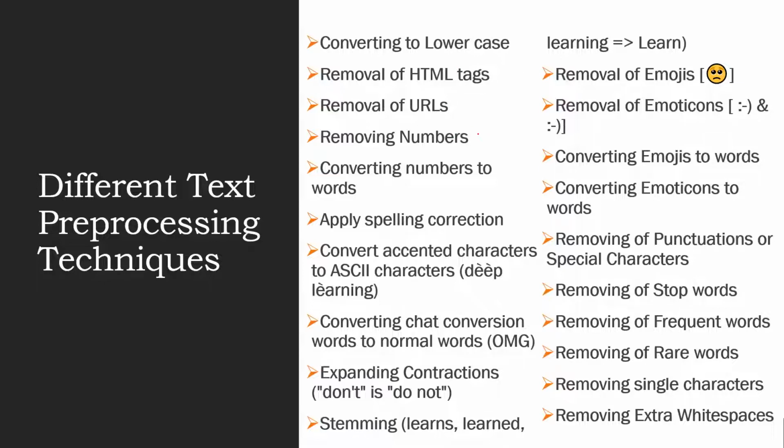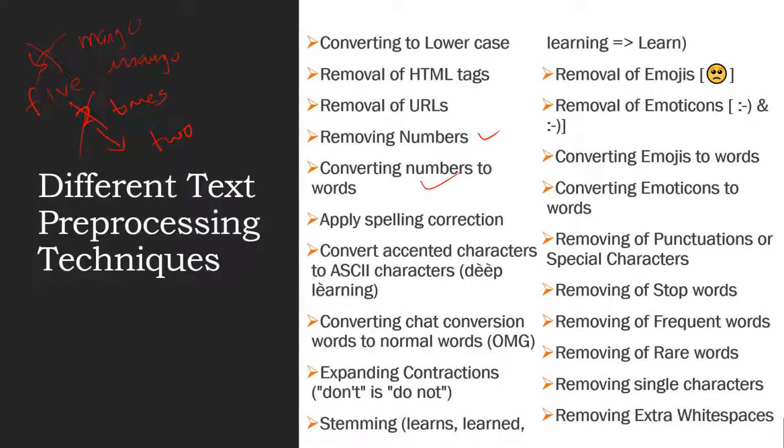Remove the numbers. Sometimes your paragraph indicates 2 times, or 5 mangoes. Sometimes you need to remove these, and sometimes you convert these 2 into words. So sometimes you remove the numbers, sometimes you convert the numbers.